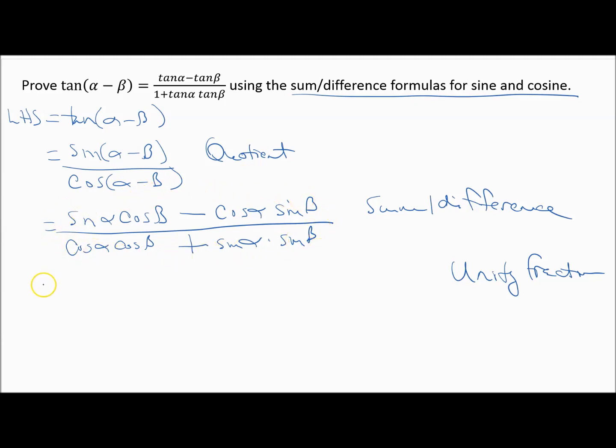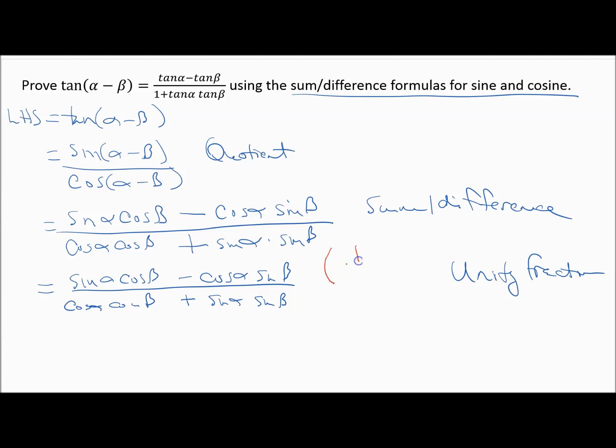expression by a unity fraction, and that unity fraction is, now let's rewrite what we have, sine of alpha, cosine of beta, minus, my bad, minus cosine of alpha, sine of beta, over, I'm just recopying right now, cosine of alpha, cosine of beta, plus sine of alpha, sine of beta. Now for my unity fraction, I'm going to do this in a different color so it really stands out for you.